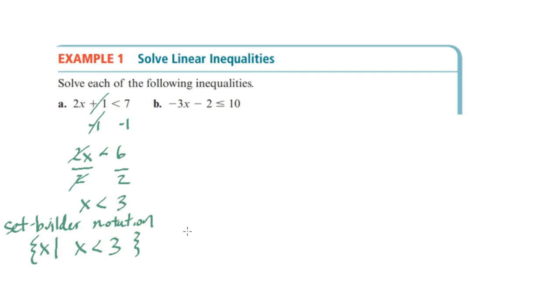Okay, we're done with set builder notation. What this is saying, and what's really nice about this, is that this will translate from math into English. So this is saying the set of all x values, all real solutions, such that, the vertical line means such that, x is less than 3. All real solutions that meet this criteria will be our solution. You don't really need to know how to interpret it, but I'm just sharing that with you.